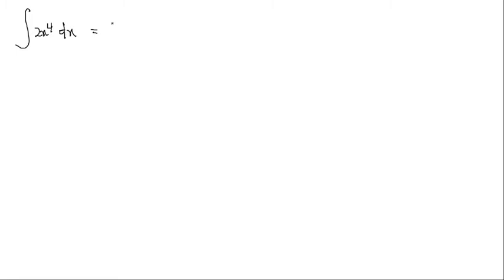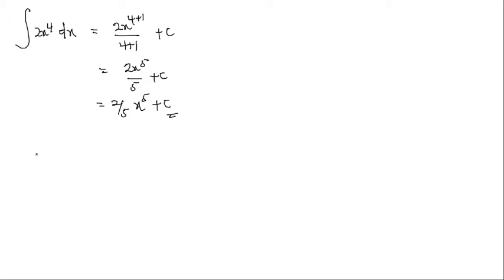So it becomes 2x power 4 plus 1, all over 4 plus 1. Then we add a constant c, because it is an indefinite integral. This becomes 2x power 5 all over 5 plus c as our answer, or if you like, you can write it as 2 over 5 x power 5 plus c as the answer for our integration.